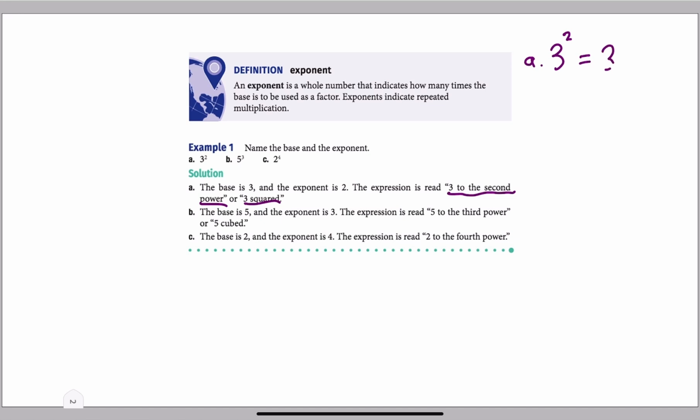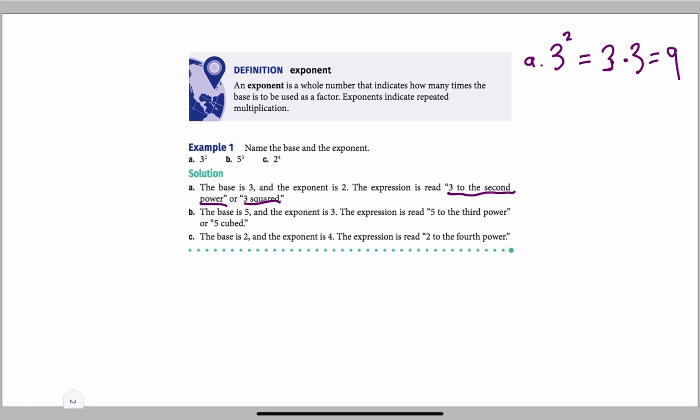I'm going to use the 3 as a factor, as a multiplier. How many times? Well, as many times as the exponent tells me. In this case, there are 2 3's multiplying. That's what 3 squared means, or 3 to the second power. And 3 times 3 is 9.